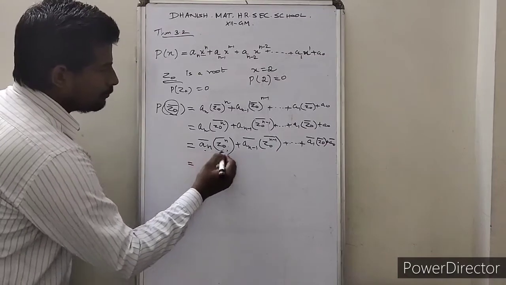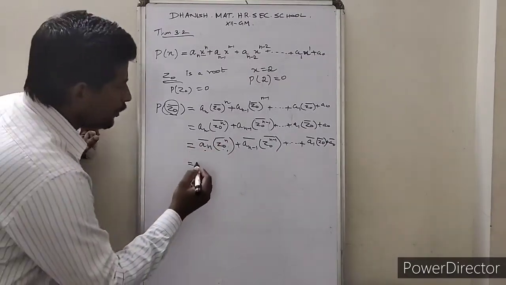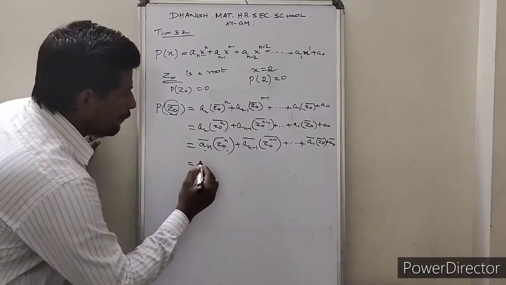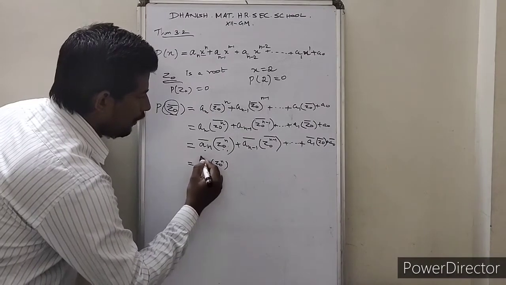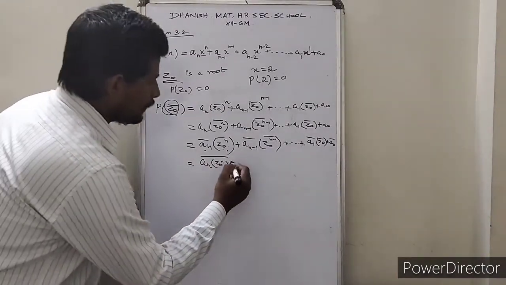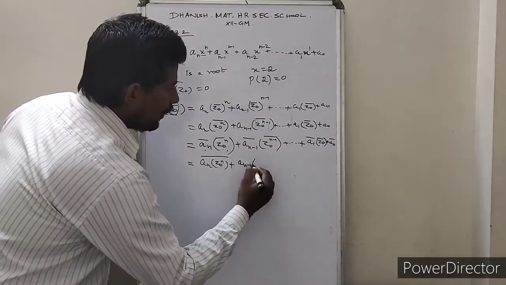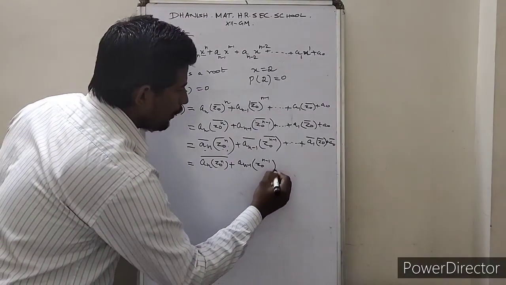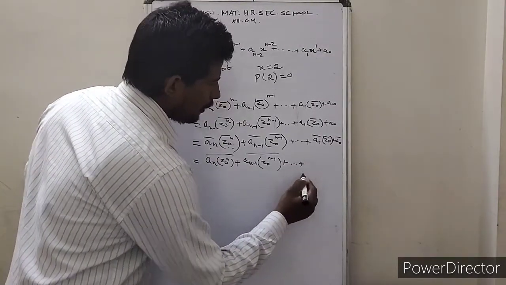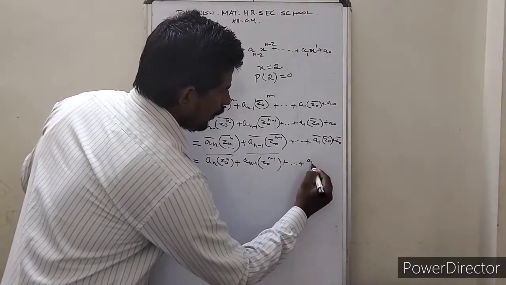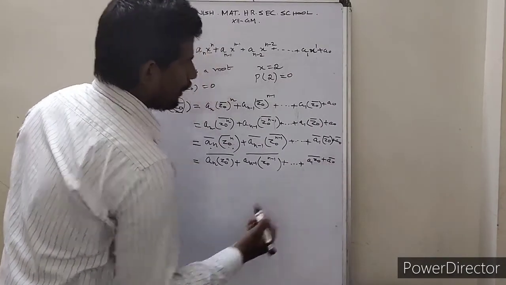Here we have conjugates on both terms, so I write the conjugate as common.